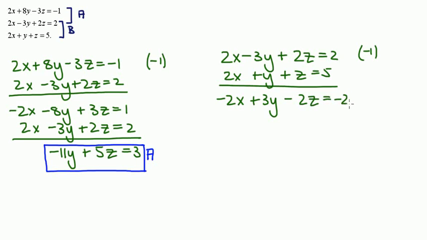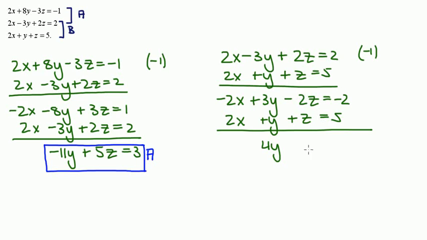I'd still get the same result. And we add the two lines together. Minus 2x plus 2x, we get 0. 3y plus y, we get 4y. Minus 2z plus z, we get minus z. 5 minus 2, we get 3. So now we have our second new equation with two variables, and both equations have y and z, which is exactly what we want.